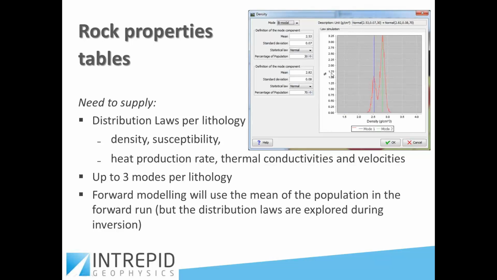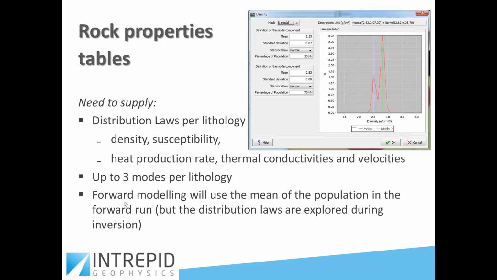It's not uncommon to see this type of population. This is where you have a mixed provenance of, let's say, a sedimentary basin which is sourced from two different directions, perhaps, mixing provenance of detritus.